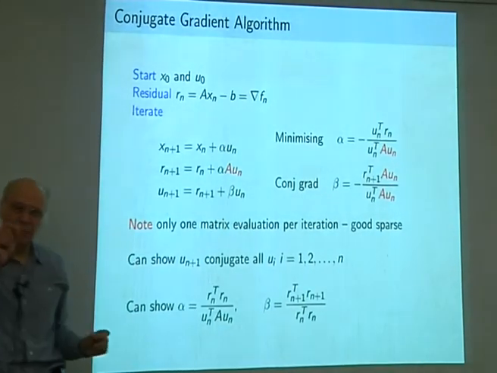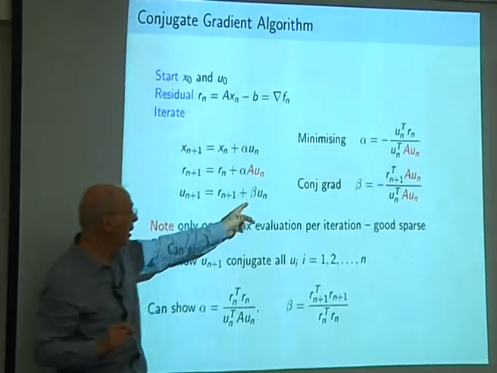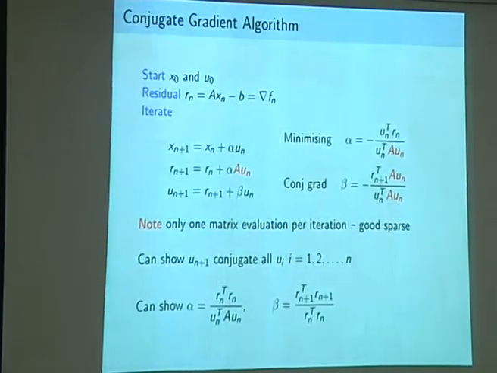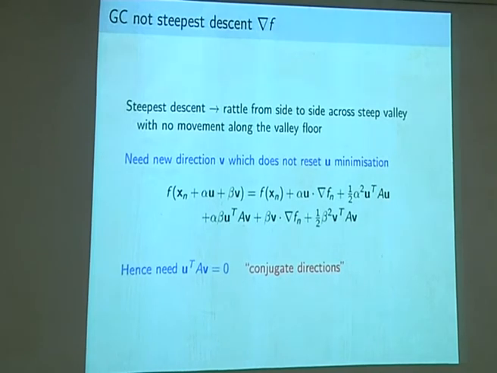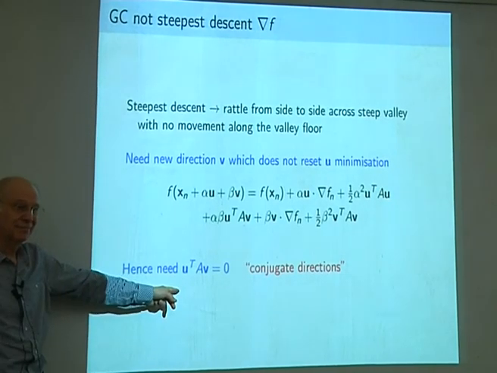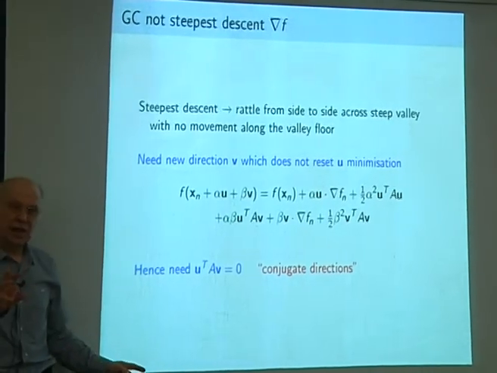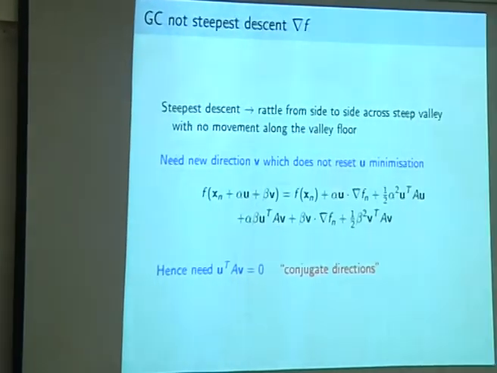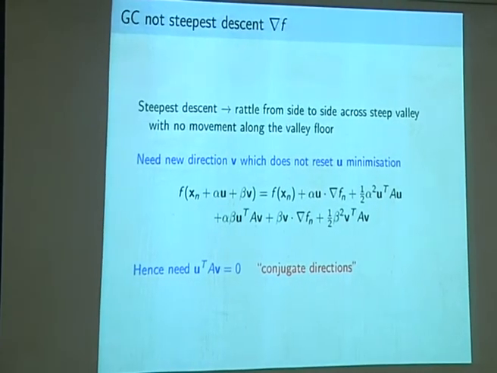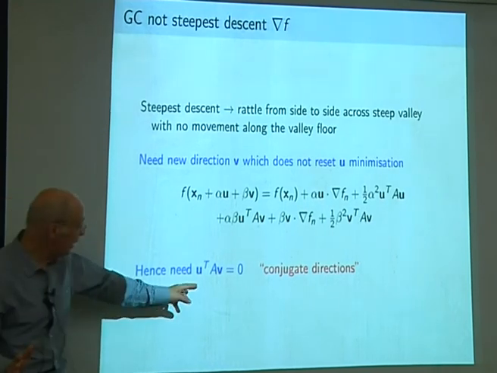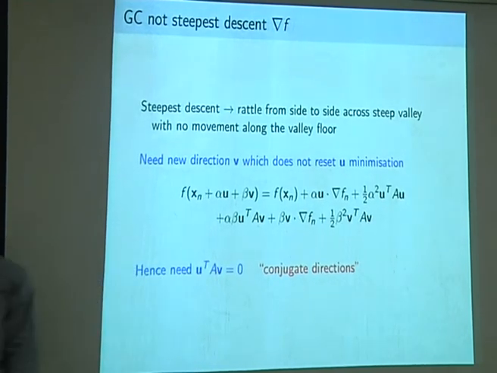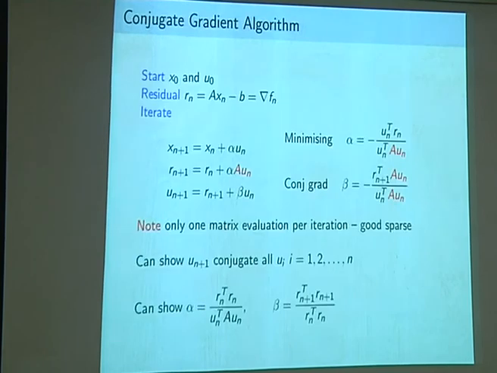We want to find the component in the direction of u that gets us this conjugate condition. So we adjust our possible direction v. We remove any bit in the direction of u that makes sure that's true, which is the calculation here.